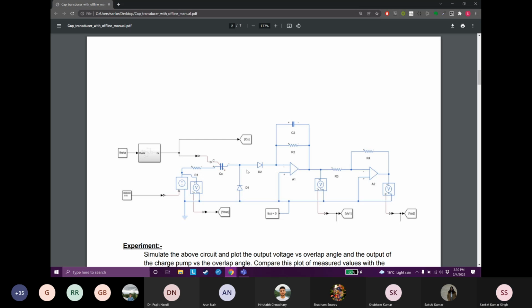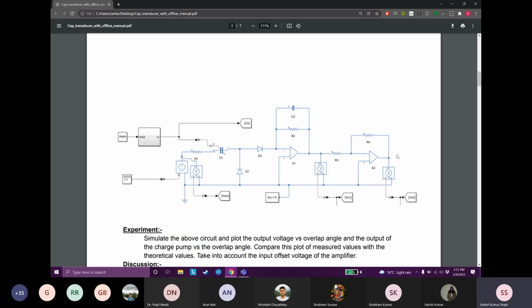So there will be some average current through D2 in the right-hand side direction. This part of the circuit removes the ripple from the output, and you'll have this amplifier at the output stage to get the amplified output.